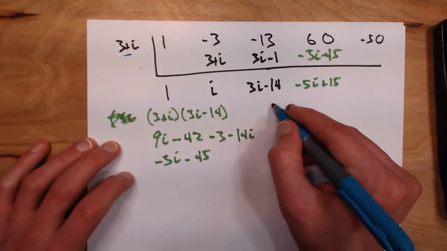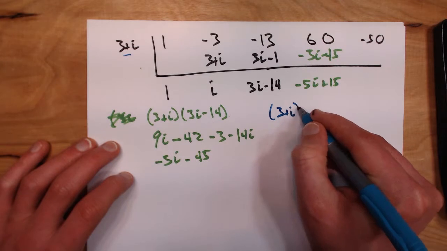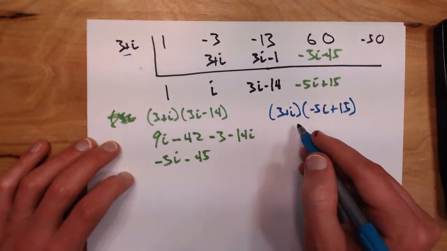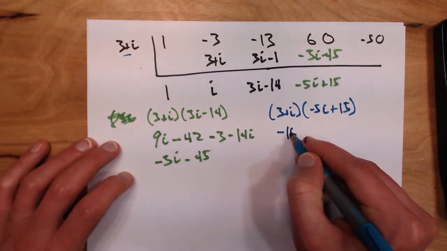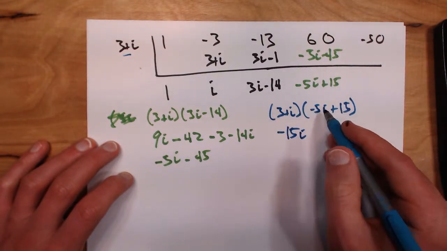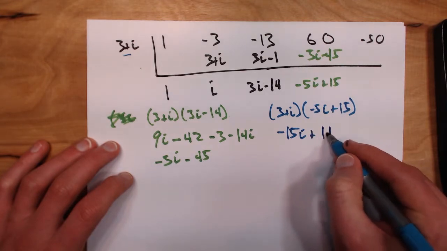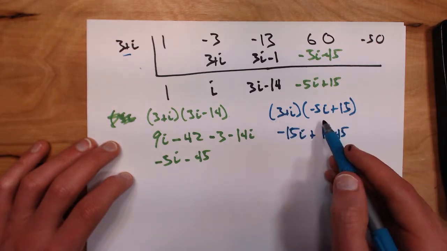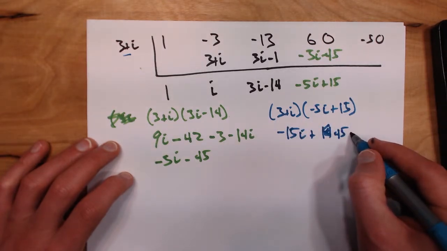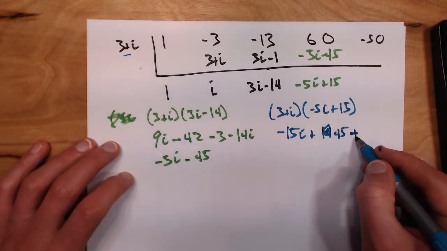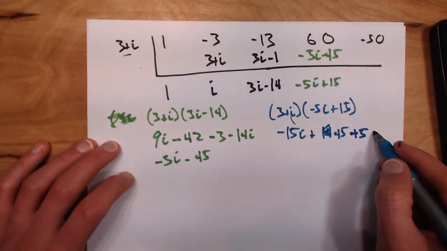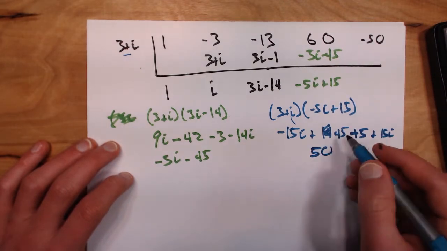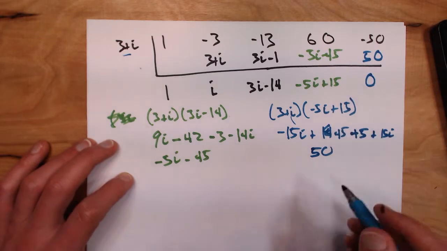We have to FOIL again, so we're going to FOIL 3 plus i times minus 5i plus 15. 3 times minus 5i is minus 15i, so that's done, plus 45, minus 5i times i is actually plus 5, and then we have a plus 15. That's a good sign. Our imaginary parts cancel out. This is just 50. Math works. So 50, and we get 0.